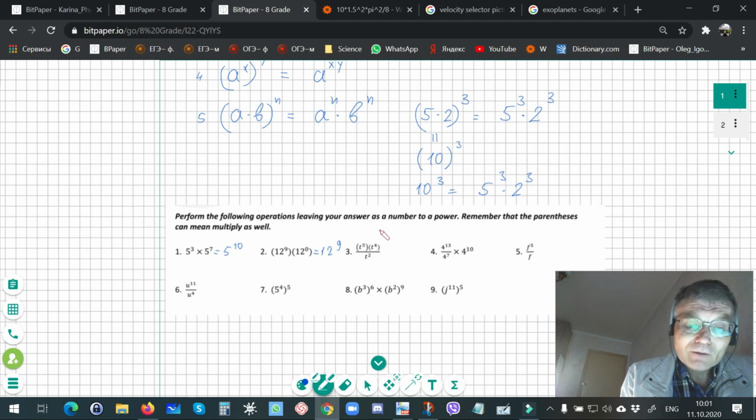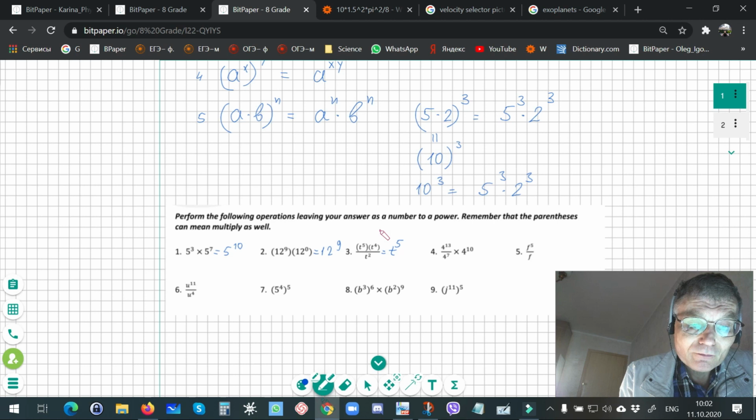Here we have our first algebraic problem, and the letter is t. What we have here, we have to keep the same base. It's fortunately always the same in the numerator and in the denominator. Then we have to add all the exponents which are in the numerator.